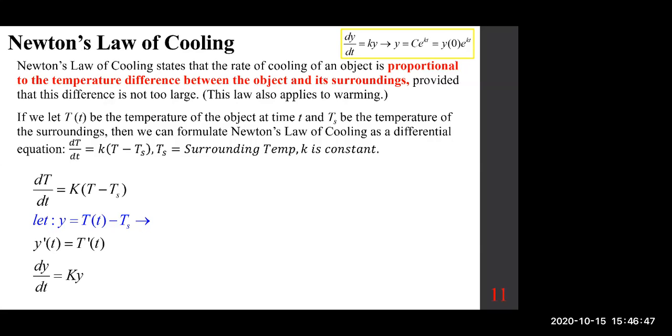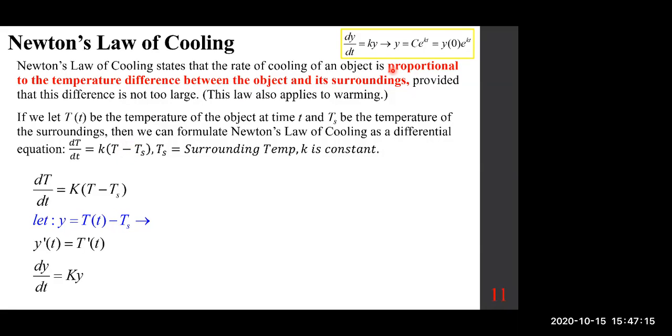So remember, dy/dt is ky. Now dT/dt is k times the same thing, y, but depends on what? Remember, I want to go back to this. I want to remind everybody what happened here. The rate of change depends on the population y, right? Now the rate of change here depends on the difference between the two temperatures, okay?